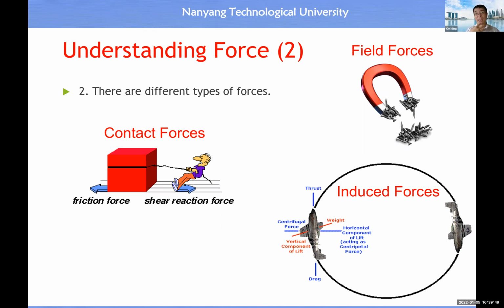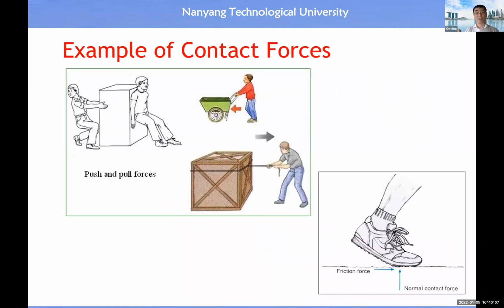And in the physical world, force could exist in many different ways. For example, we have a contact force, we have a field force, we have an induced force. Now I'm going to show you some examples which will help you to understand what we mean by contact force, field force, and induced force. For example, here you can take action of pulling an object, pushing an object.